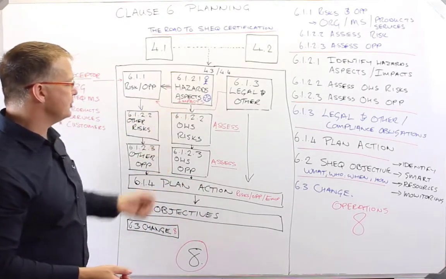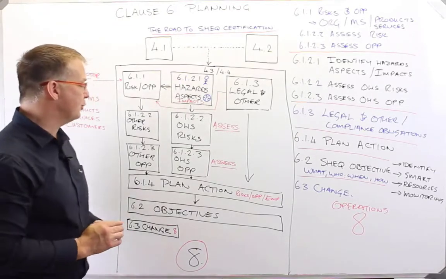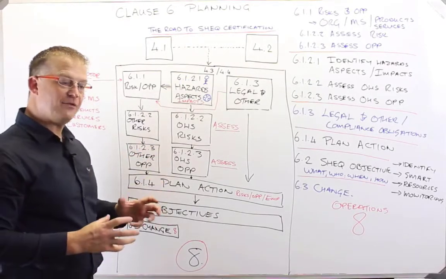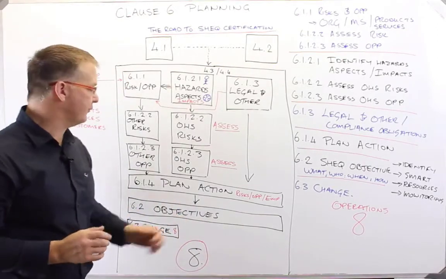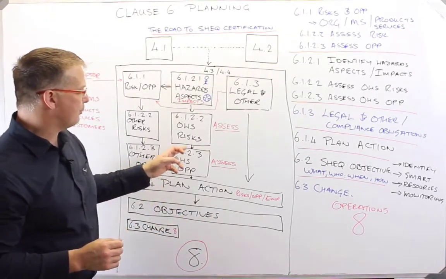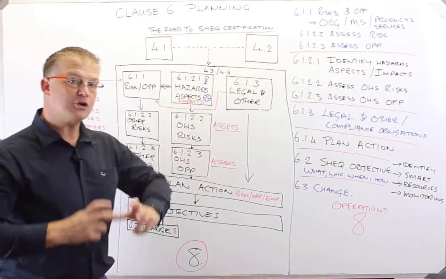So 6.1.2.2 OSH risks links to 6.1.2.1. Then we also have a new clause that we'll have a look at in ISO 45001, which is 6.1.2.3, which is entitled OSH opportunities. So what are the opportunities?